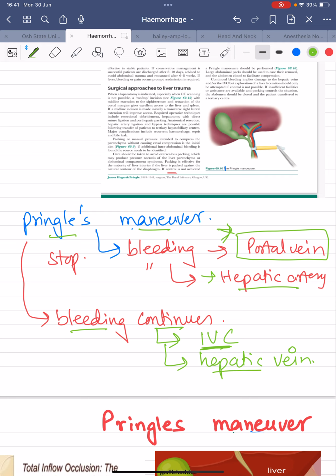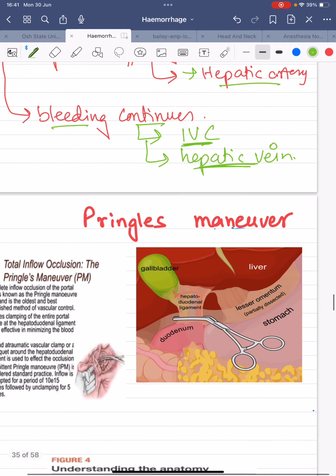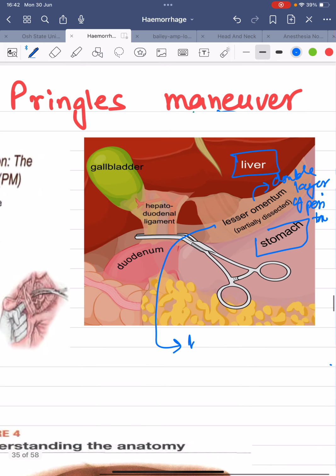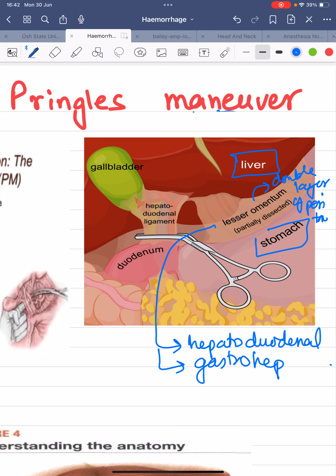So now see this diagram. This is the liver, this is our stomach, and this is the lesser omentum. Lesser omentum is a double layer of peritoneum. Please remember, it consists of two ligaments: the hepatoduodenal ligament and the gastrohepatic ligament. So this is your gastrohepatic ligament, this is your hepatoduodenal ligament.